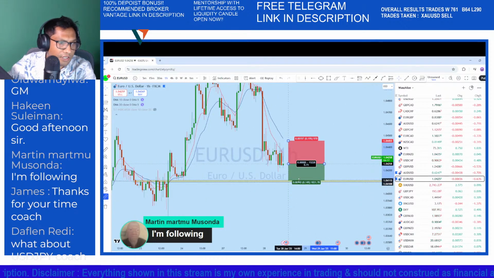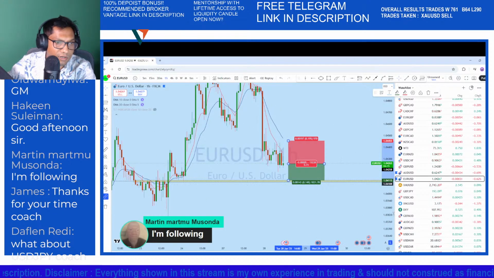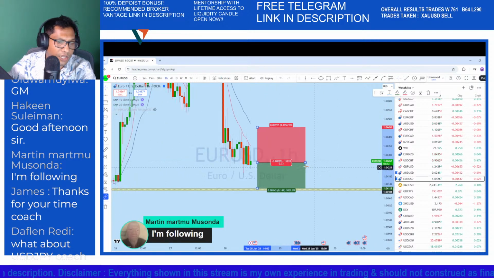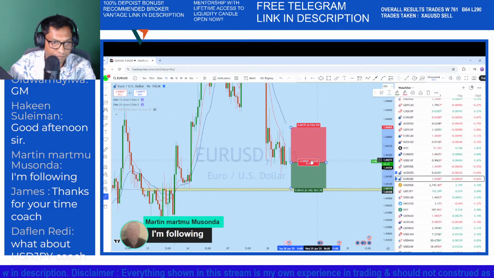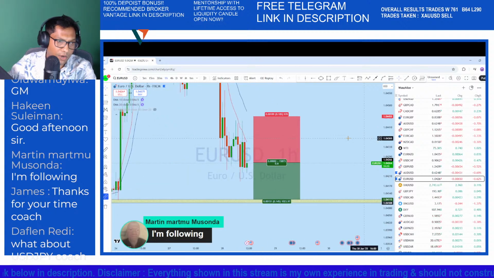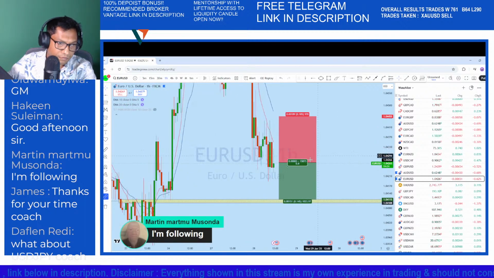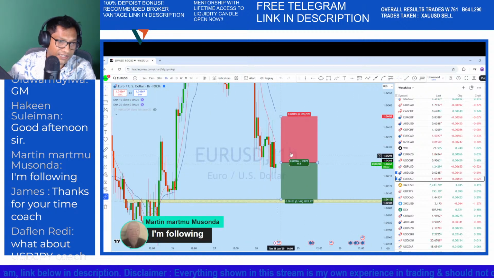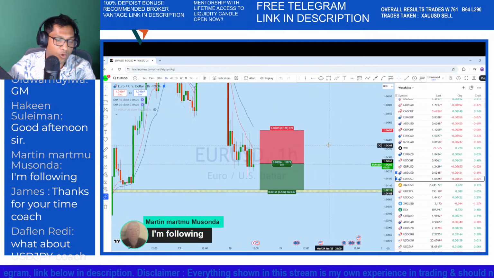I'm still not entering, just looking to see the potential risk reward, or how many pips we can gain if we enter. Now EUR/USD, this is the 1 hour price action, which is closing this candle in 4 minutes time.